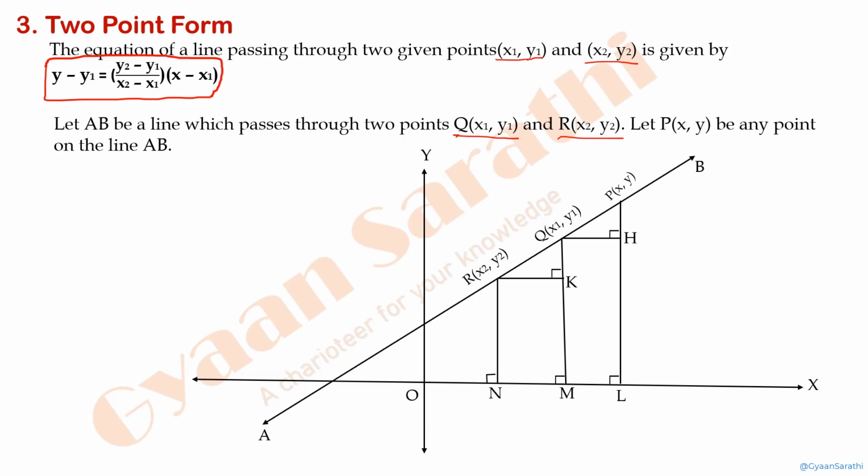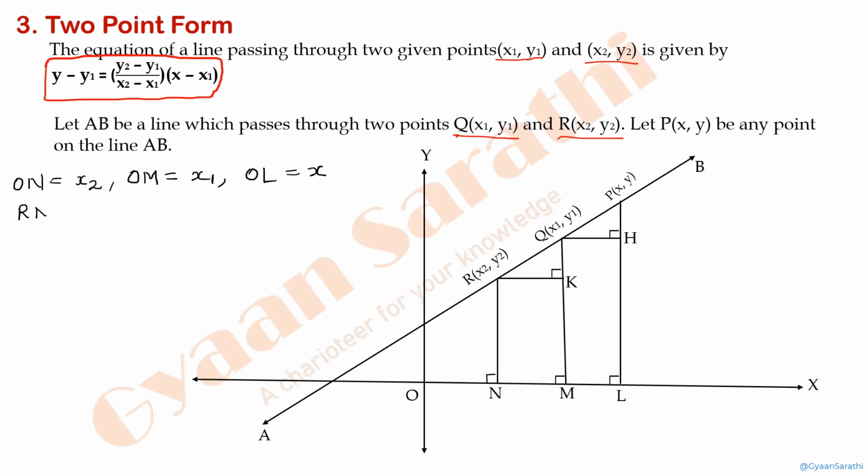So now let us see what is ON equal to. So ON is equal to x2 and OM is equal to x1 and OL is equal to x. Now let us find what is RN equal to.